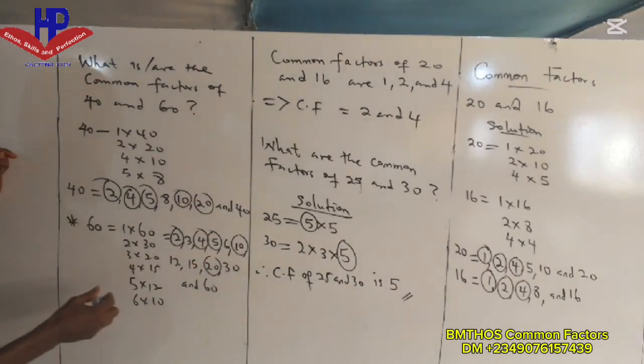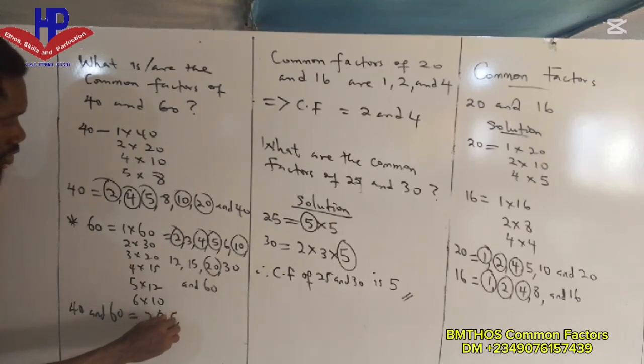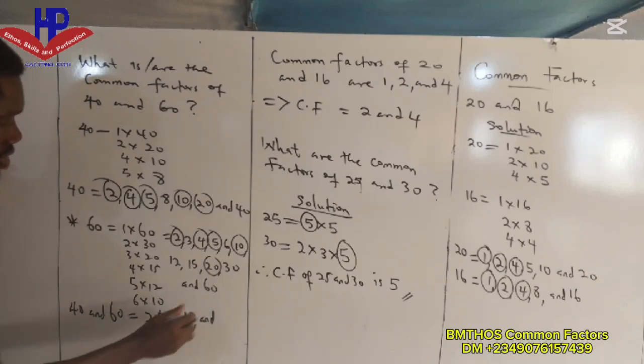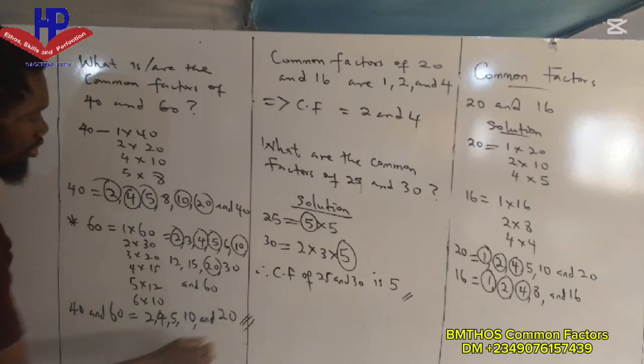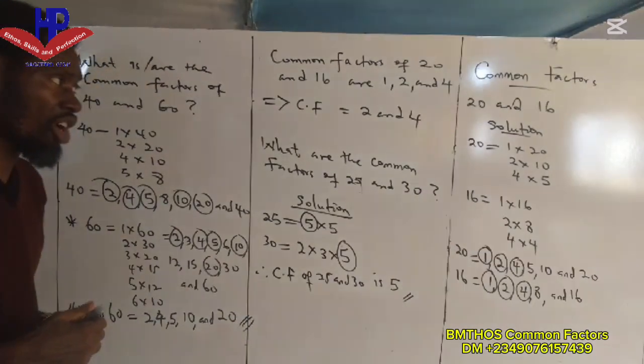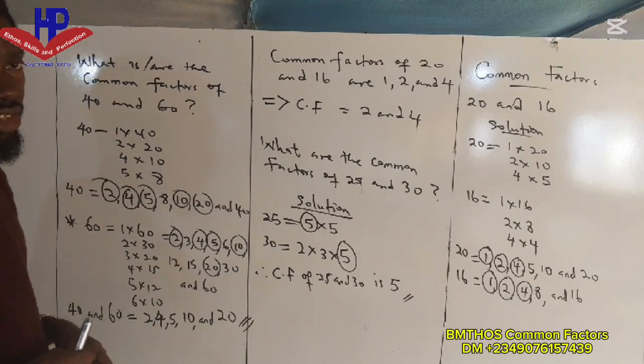So the common factors of 40 and 60 will be 2, 4, 5, 10, and 20. Here are the common factors of 40 and 60. So these are how you go about looking for the common factors of numbers.